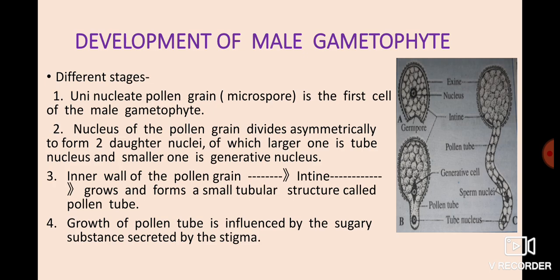Even pollen tube formation has started, and with that you get your tube nucleus, which remains within the pollen tube. So they are divided asymmetrically, resulting in two new daughter nuclei. One is your tube nucleus and the smaller one is your generative nucleus.